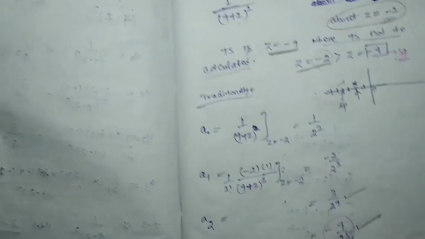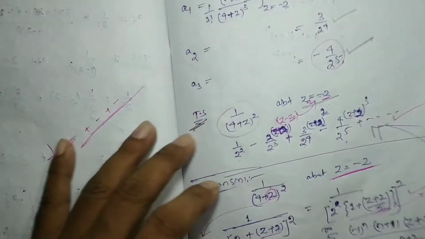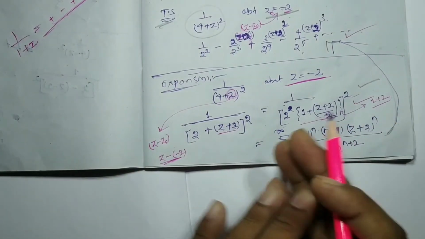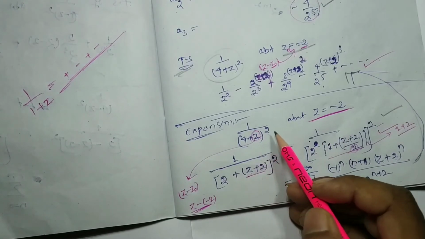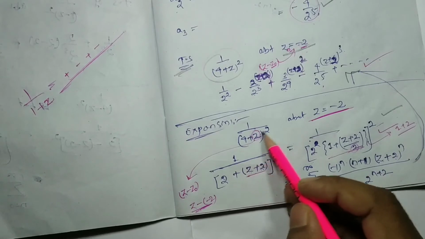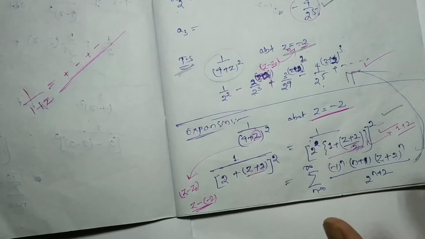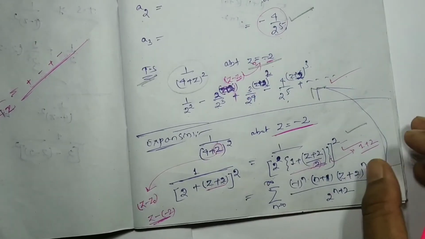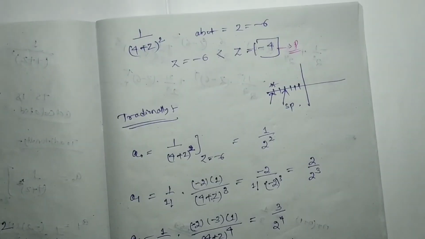There is no problem in the exam. But whenever you face questions in your entrance examination, this may help you or save your time. So you have to remember, for a square, something to the power 2, 1 by this much to the power 2 about some point, then what will be the answer? You just practice it and remember it; it will help you in your different entrance examinations.